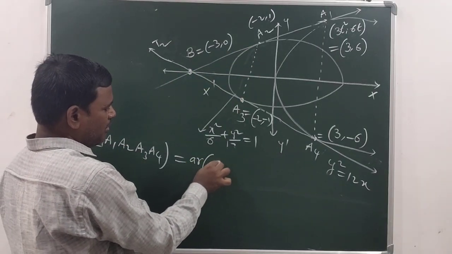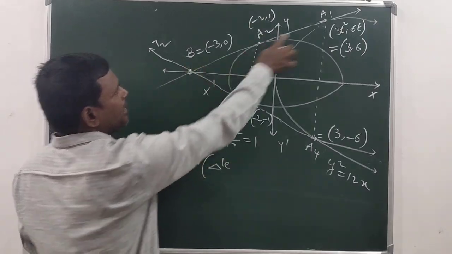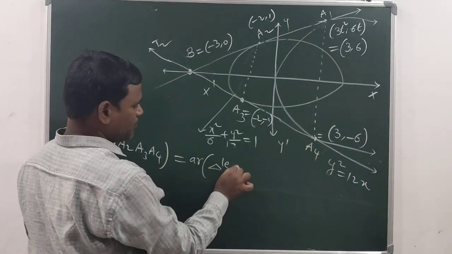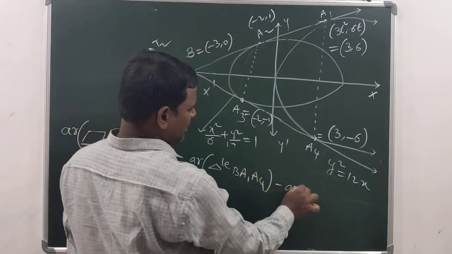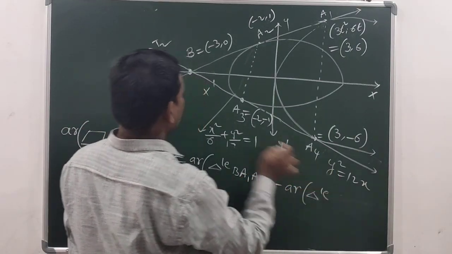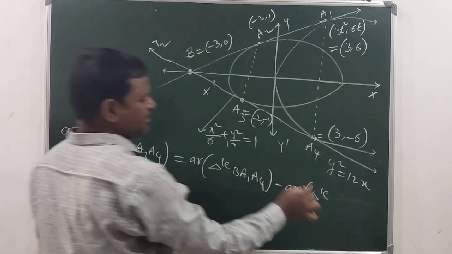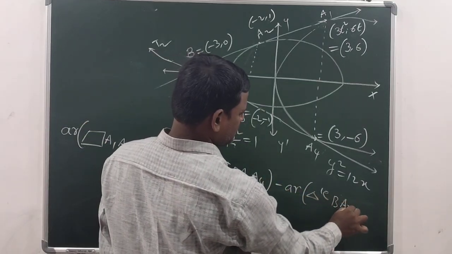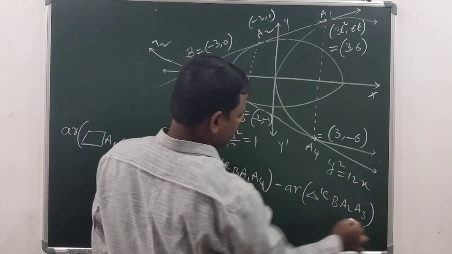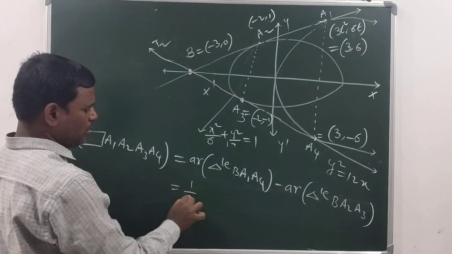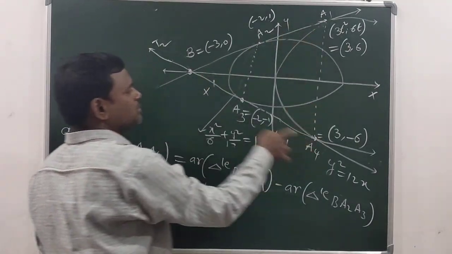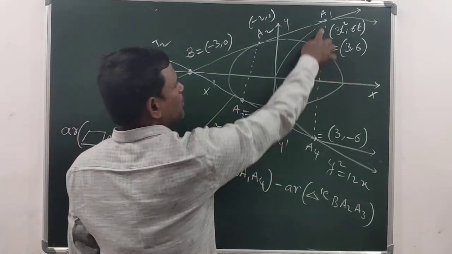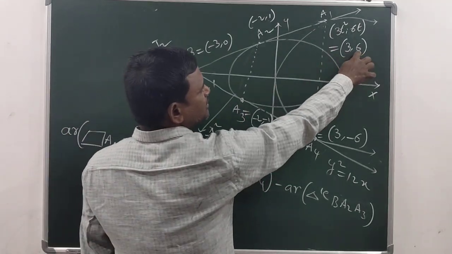Area of triangle BA1, A4 minus area of triangle BA2, A3. Now which is equal to 1 by 2 mod of. So what is the base of this big triangle? So from here to here 6.